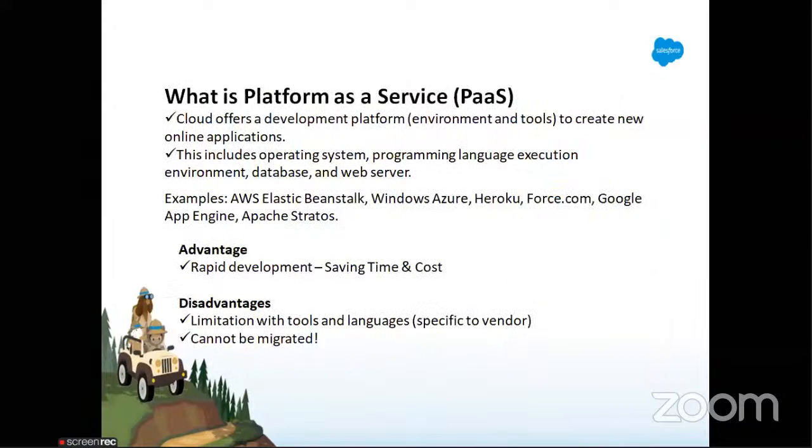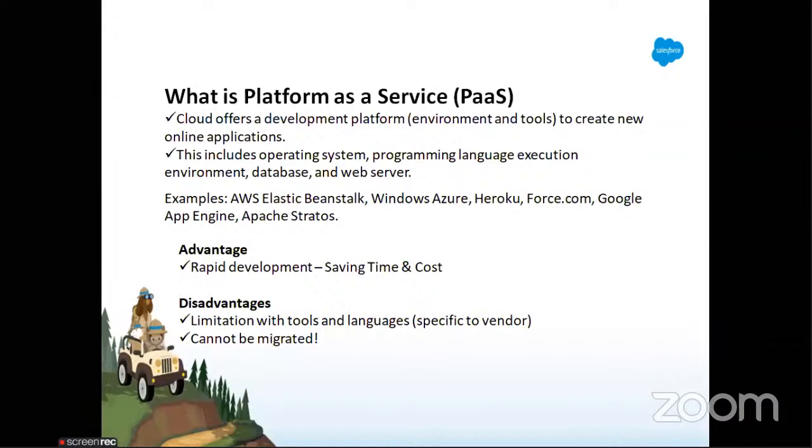The next thing is platform as a service. The cloud offers a development platform, that means an environment and tools to create new online applications. This includes the operating system, programming language, execution environment, database, and web servers. Examples are Amazon Web Services, Heroku, Force.com, Google App Engine, Apache.